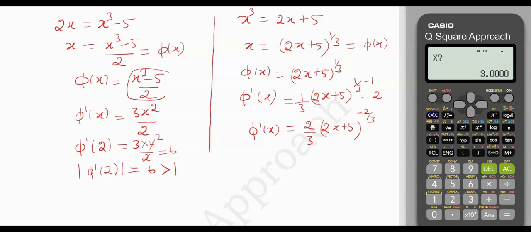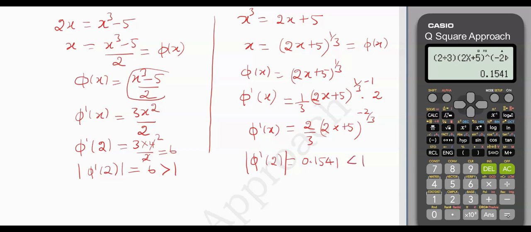Press the calculation button and give x is equal to 2. Then phi dash of 2 is equal to 0.1541. Modulus of phi dash of 2 is also the same since it is positive.